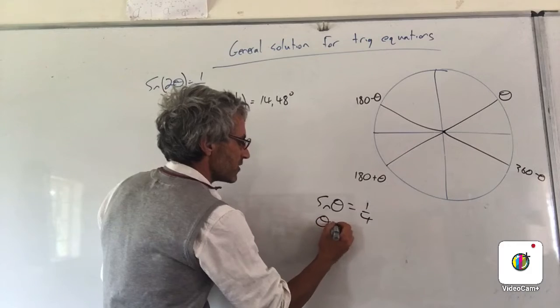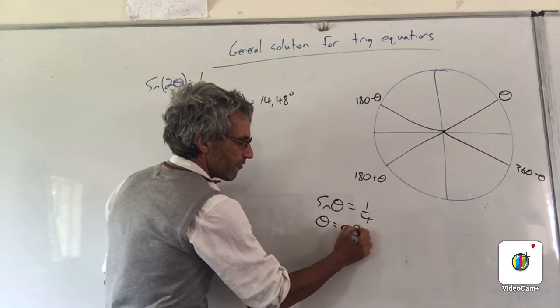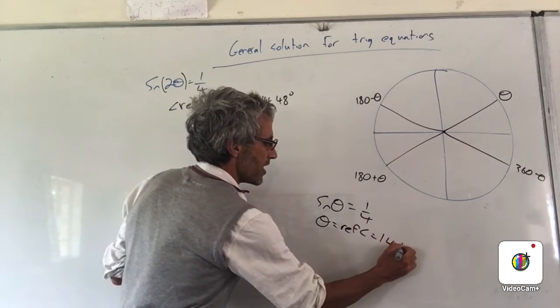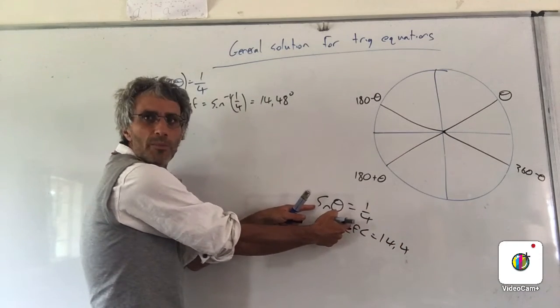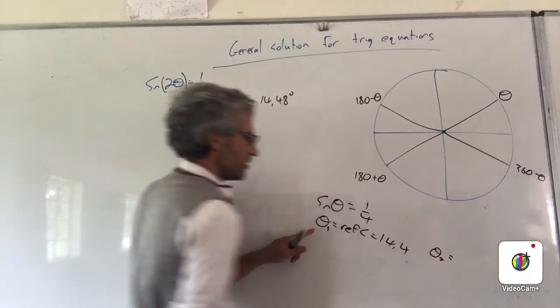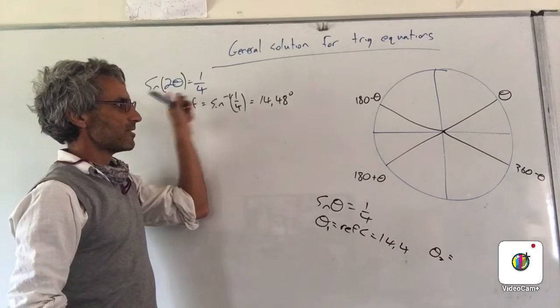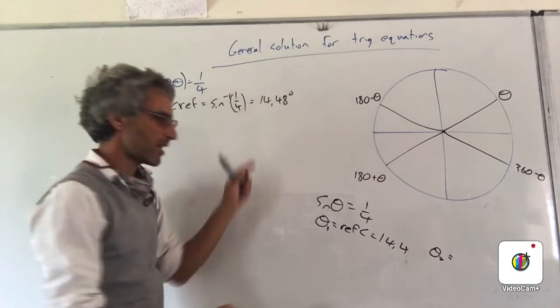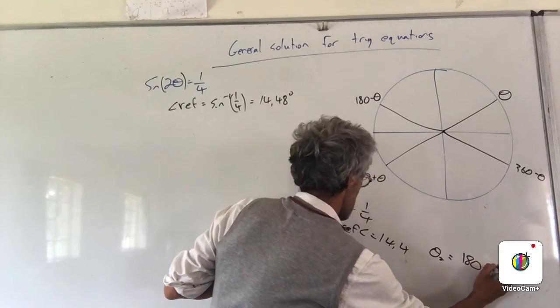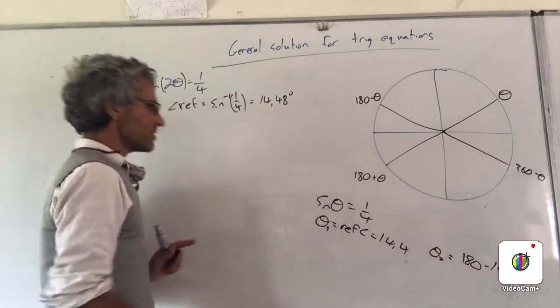What will be my first angle in the first quadrant? Just the reference angle, which is 14.48, if I'm solving this problem. And then the next answer would have been in the second quadrant, where sine is positive, so it will be 180 minus 14.48. What is the difference here?